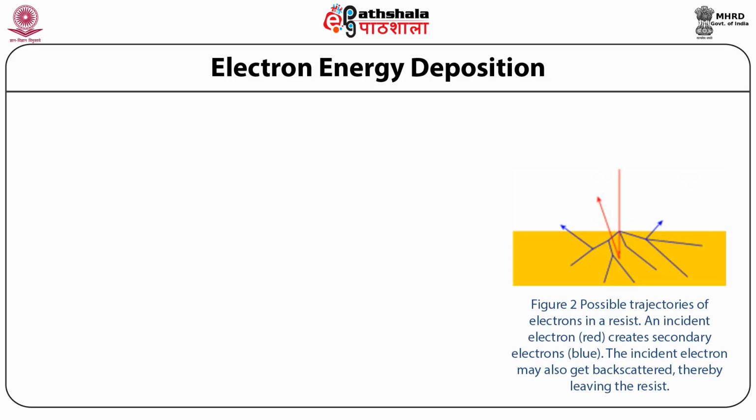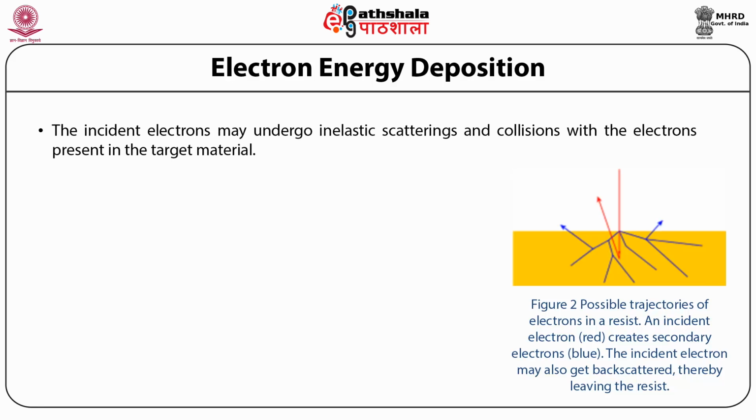We will next study the electron energy deposition. The incident electrons may undergo inelastic scatterings and collisions with the electrons present in the target material. In this way, the incident electron loses its energy. Figure 2 shows the possible trajectories of electrons in a resist.